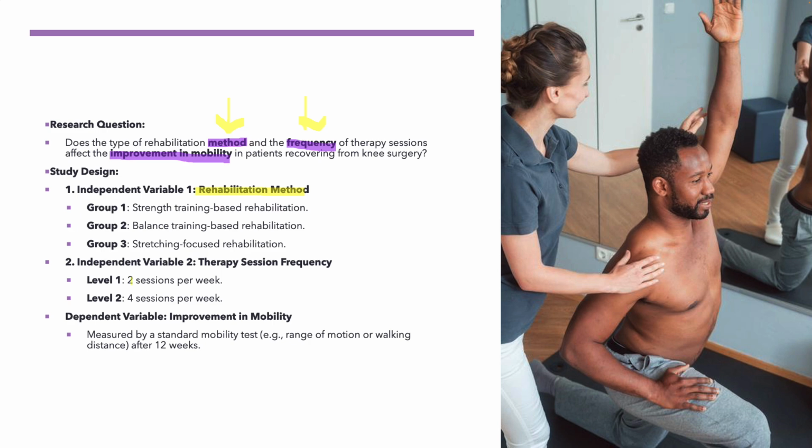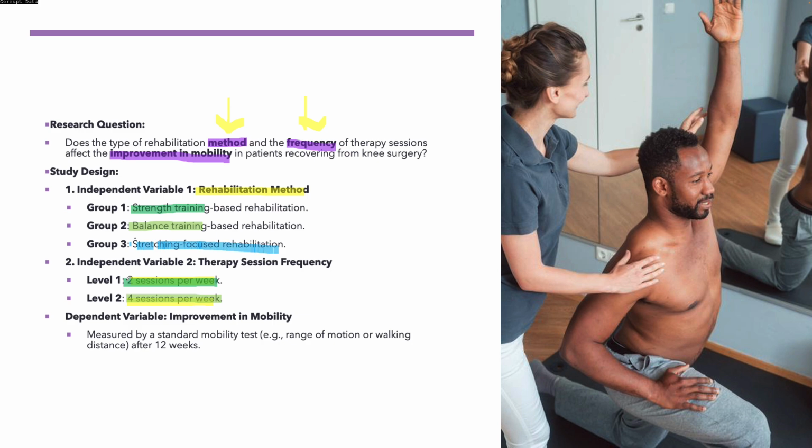I have 2 sessions per week, and then I have 4 sessions per week, right? So now I could make a variation of these different groups, right? I could have group 1, I'll do it by color. Group 1, which is, let's do green, strength training, 2 sessions per week. I could do group 2, which is balance training, 4 sessions per week, right? I could do group 3, and you could have any variation of this.